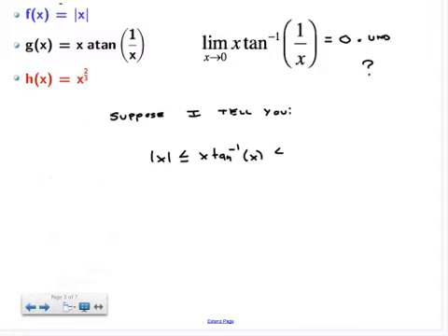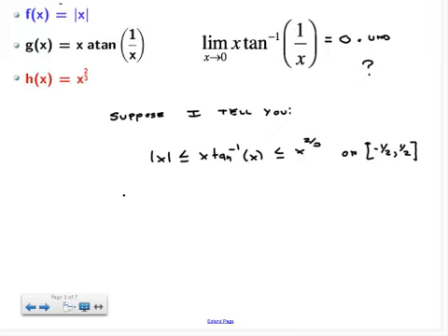And that's less than or equal to x to the 2/3. I'll say that that's true on the interval negative 1/2 to 1/2. Now, 0 is in the interval negative 1/2 to 1/2. So if we can squeeze this function between two limits that are the same, we'll know what the limit is.